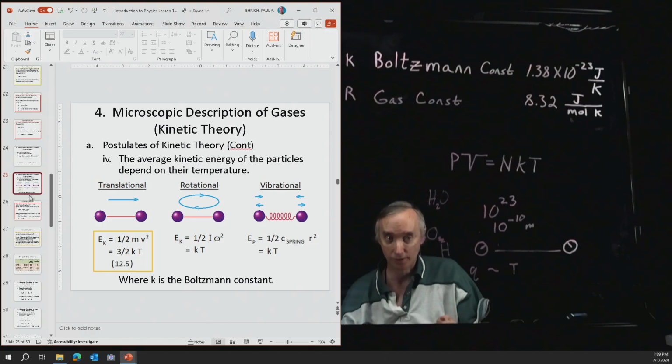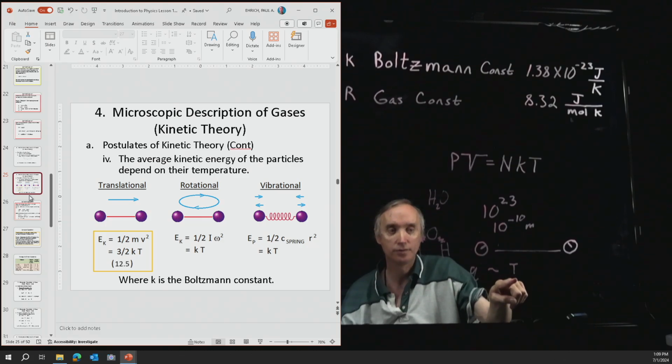But the point is, let's summarize here, that the average kinetic energy of molecules is going to be related to its temperature. So the higher the temperature of a gas, the more energy the gas is going to have.